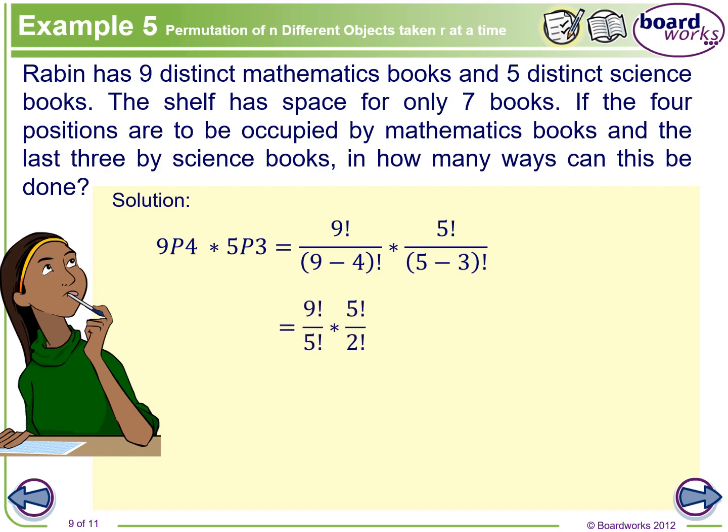What is 9 minus 4? That is 5. So 9 factorial over 5 factorial times 5 factorial over 2 factorial. Cancel the 5 factorials in the numerator and denominator. What is left is 9 factorial over 2 factorial. When you simplify that, it is 181,440.